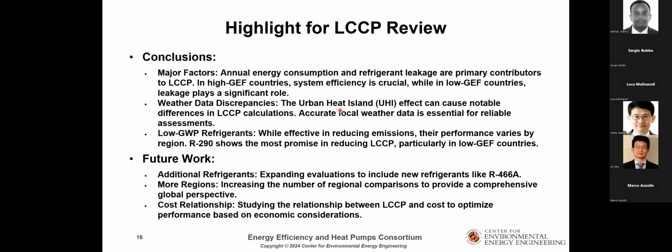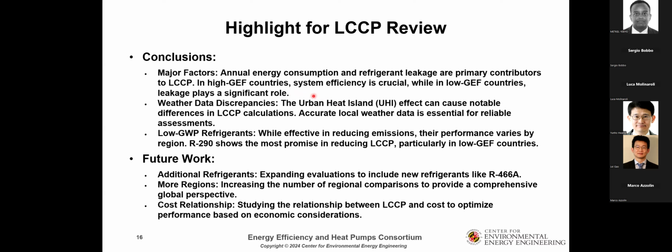And here are some highlights for the LCCP review. In conclusion, the annual energy consumption and the refrigerant leakage are the major contributors to LCCP. In a high emission factor country, energy efficiency is crucial, while in a low emission factor country, leakage plays a significant role.